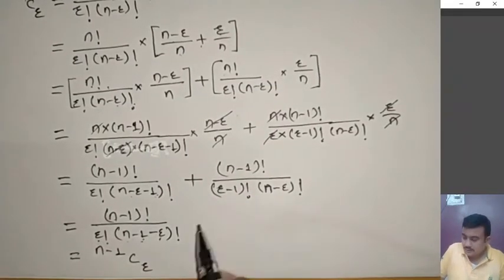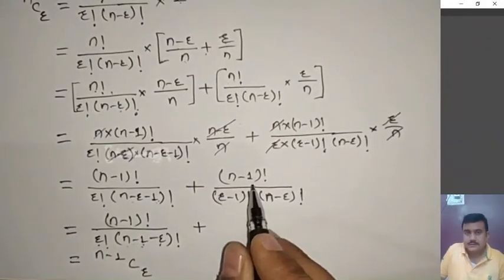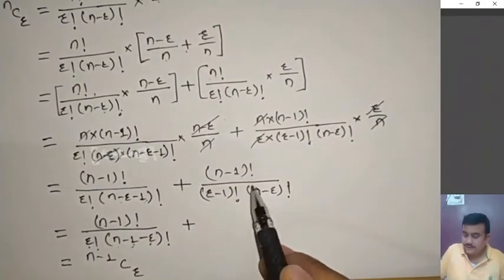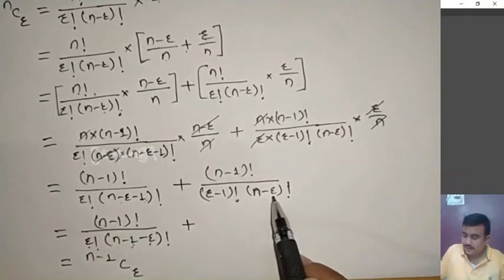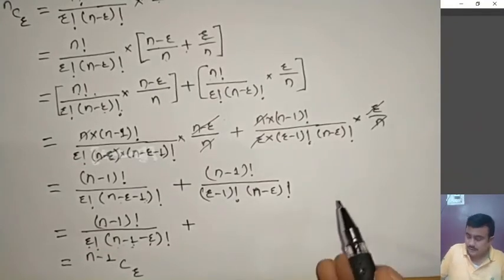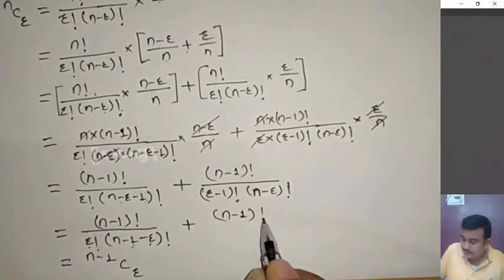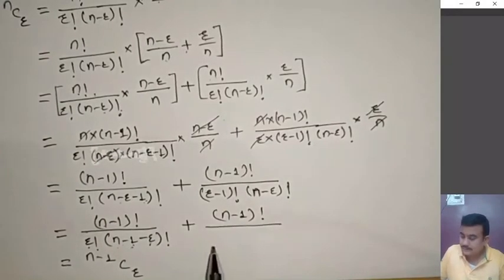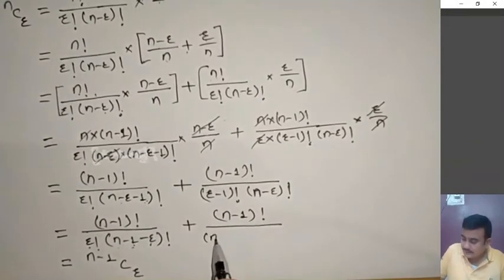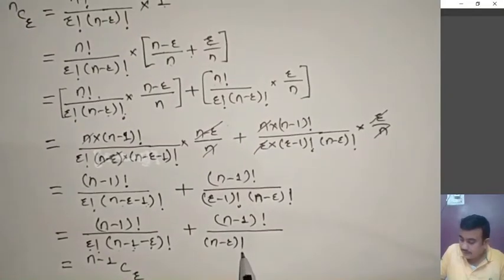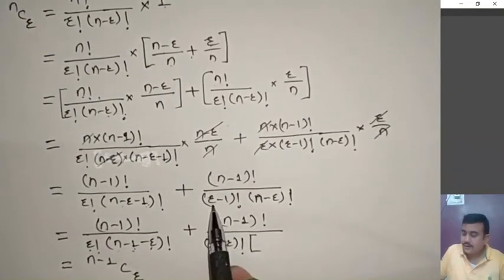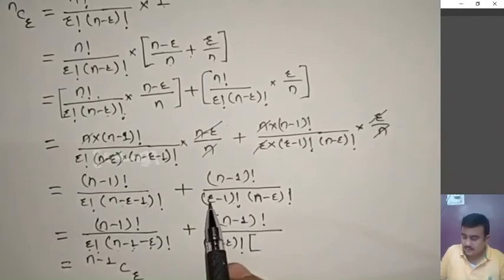Now we will solve this second term, n minus 1 factorial divided by r minus 1 factorial into n minus r factorial. Again the same, n minus 1 factorial in bracket n minus r factorial. Now we are rearranging these.